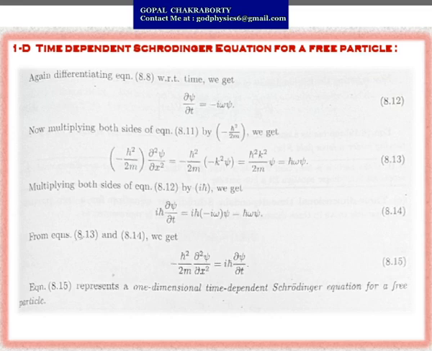So in 8.13 and 8.14, the right hand sides are the same, so you can equate these two equations, and thus you get minus h cut square by twice m del 2 psi del x square equals i h cut del psi del t. This equation 8.15 represents the one-dimensional time-dependent Schrodinger equation for a free particle.